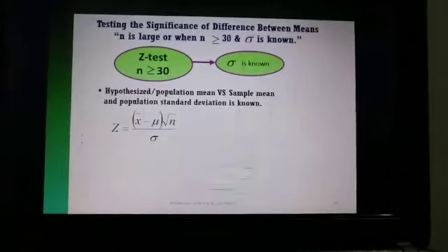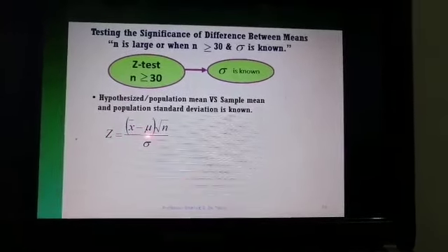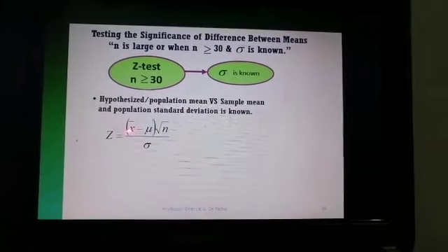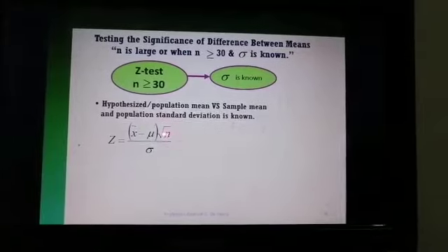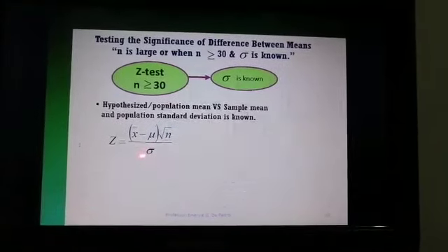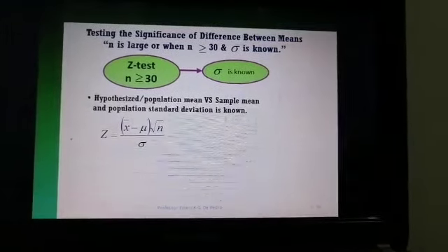So we can compute for z if we subtract our population mean from the sample mean, and then we'll multiply the difference by the square root of the sample size and divide that by the sigma.